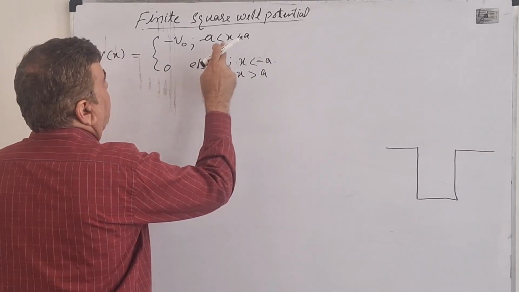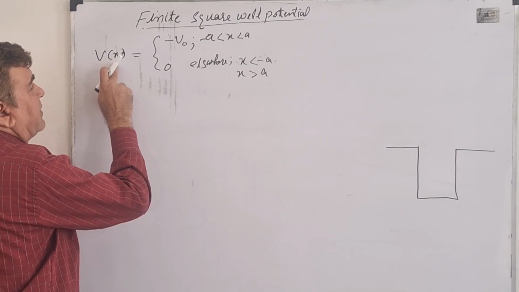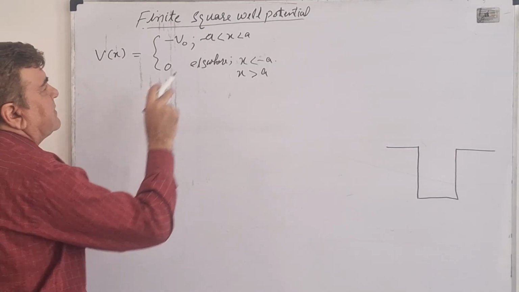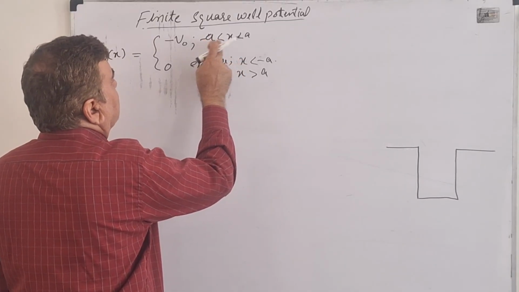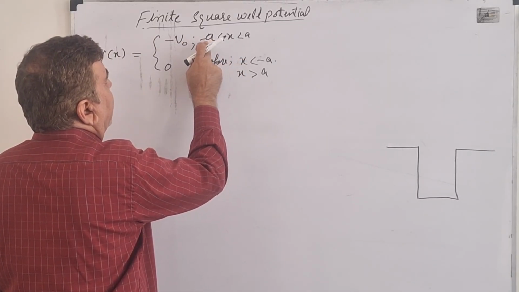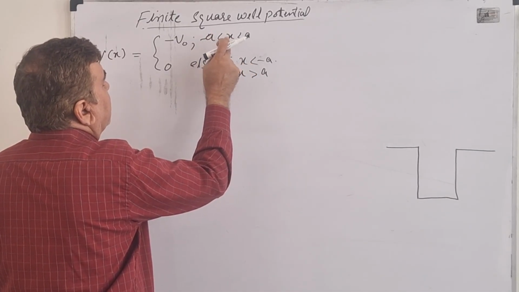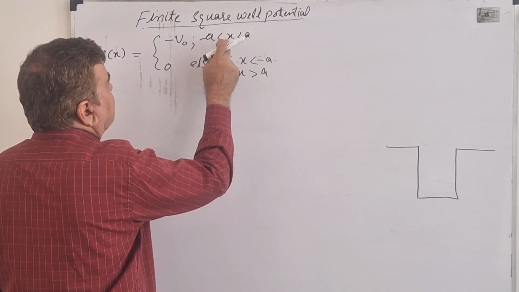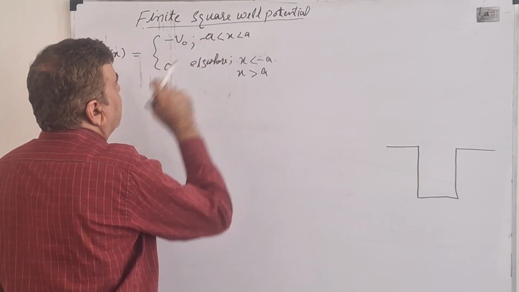Here we are taking x, that is, V depends only on one dimension, and we take that dimension along the x-axis. The boundaries of the potential are at minus a and plus a, which means the origin of coordinate x falls in the middle of the potential.